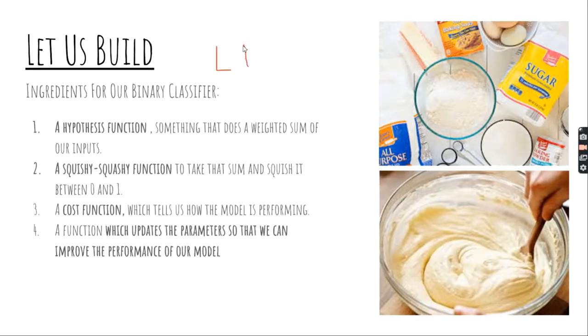in our binary classifier. I mentioned that it is a binary classifier built using logistic regression, which is important, the LR model. So there are basically 4 things that we need. We need a hypothesis function, that is, a model. We need a squishy function, which is the sigmoid function, and we need a cost function. I haven't talked about the cost function in the case of classification, so stick around for that.